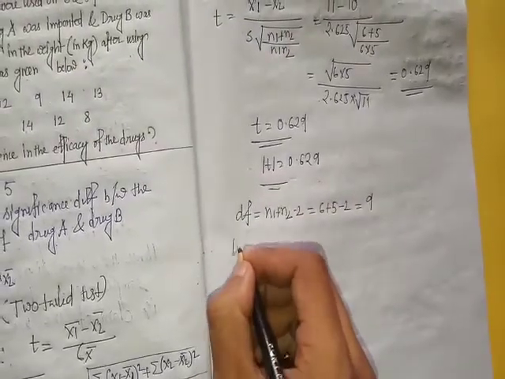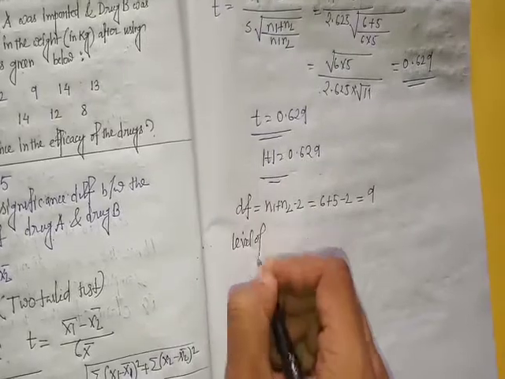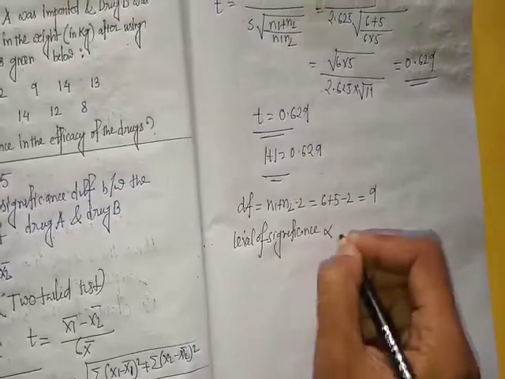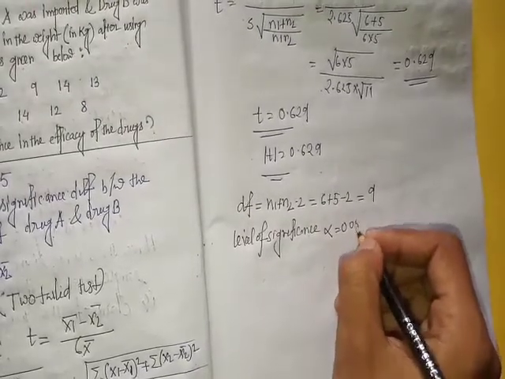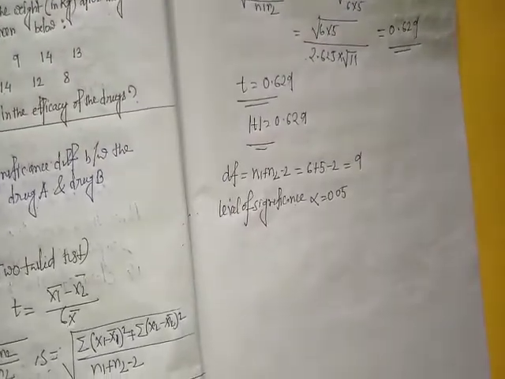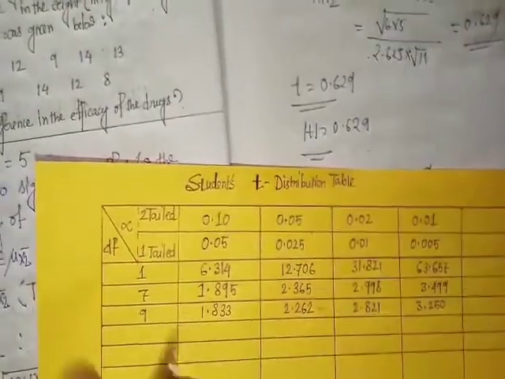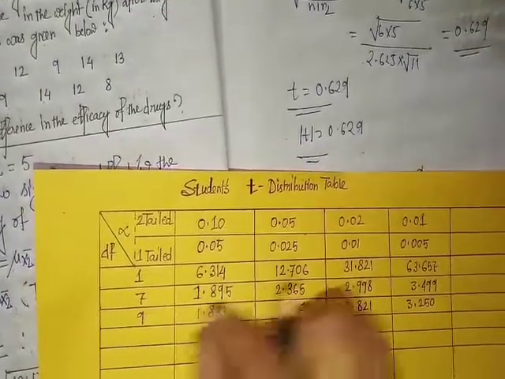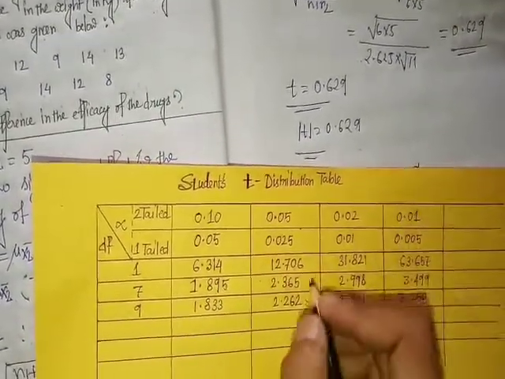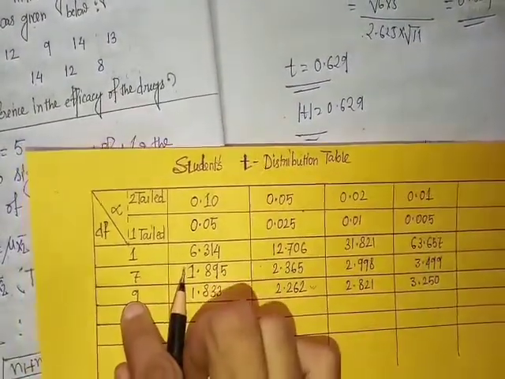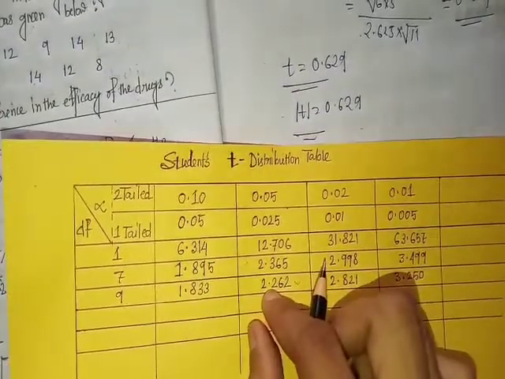Let the level of significance be alpha equal to 0.05, that is 5%. The tabulated value of t at 5% level of significance with 9 degrees of freedom for a two-tailed test is 2.262.